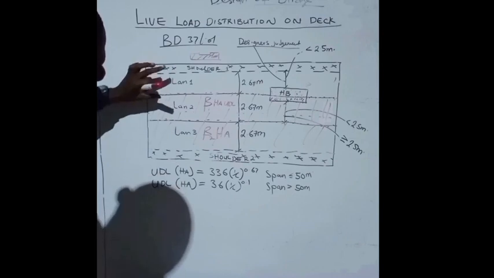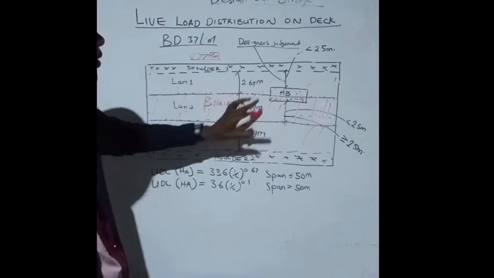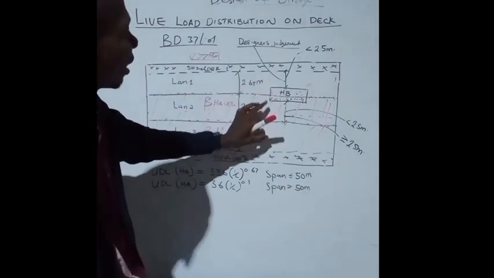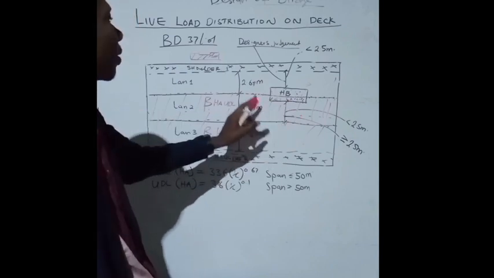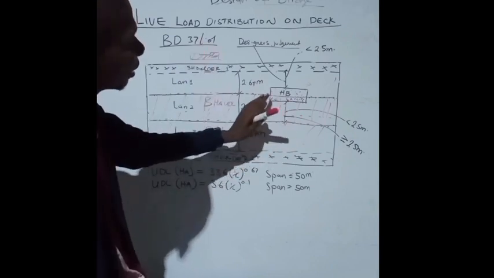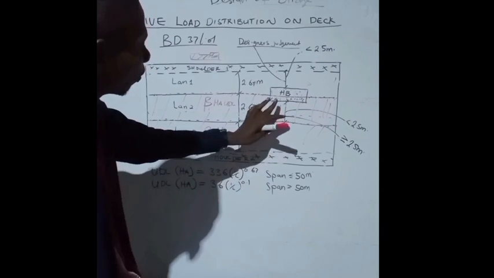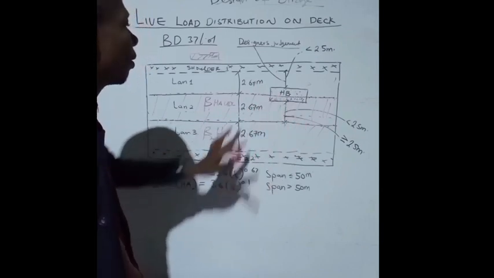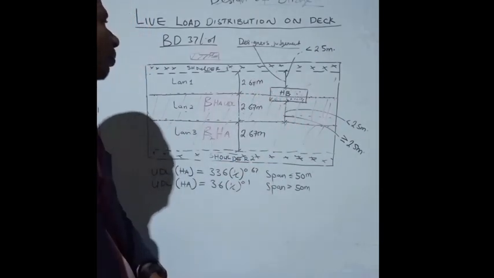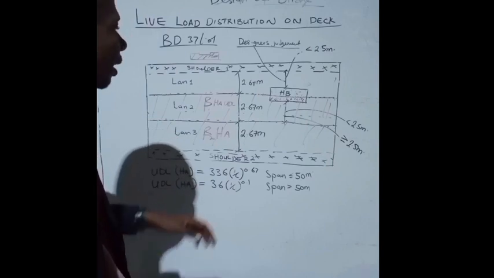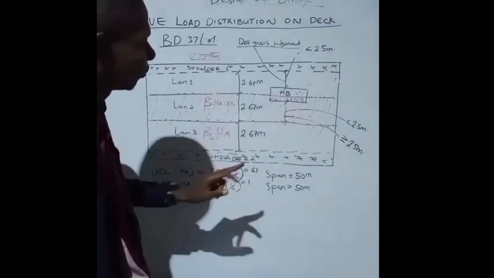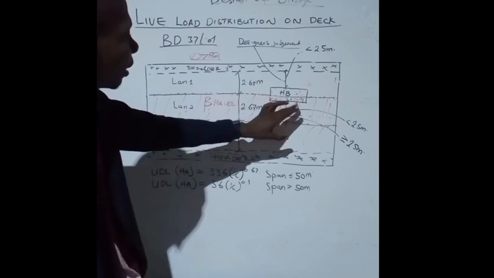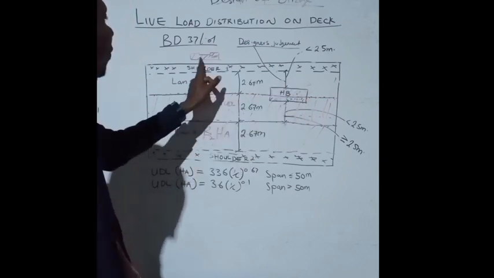But what I'm trying to say is, once this HB load has traveled into the second lane, according to BD 37, it displaces a portion of the load equal to the length of the HB vehicle within that particular lane, which is this portion. So when it displaces it, what is left is a shape of this nature.